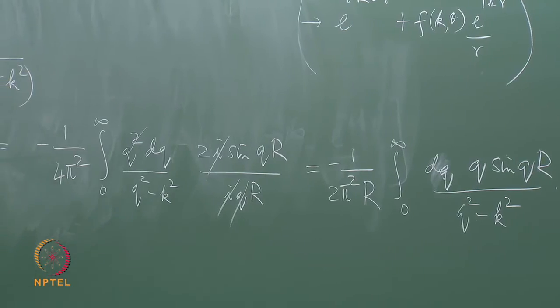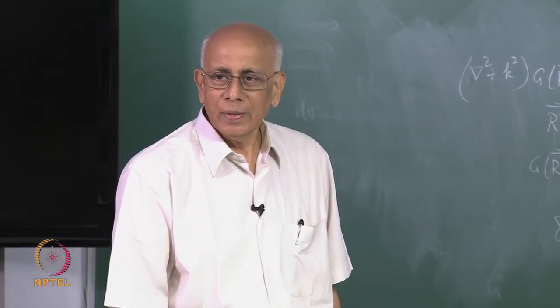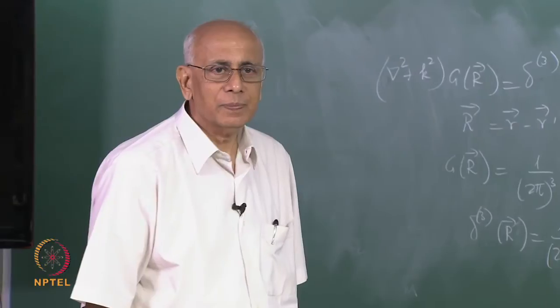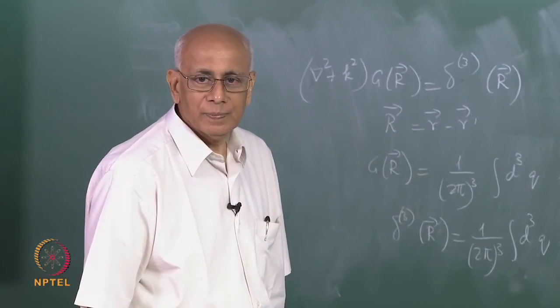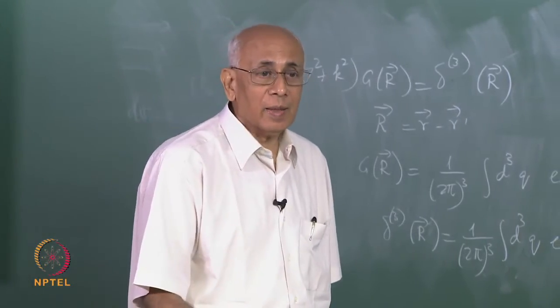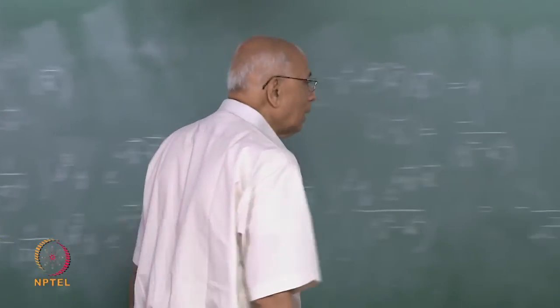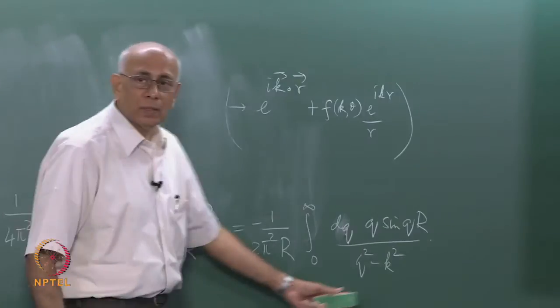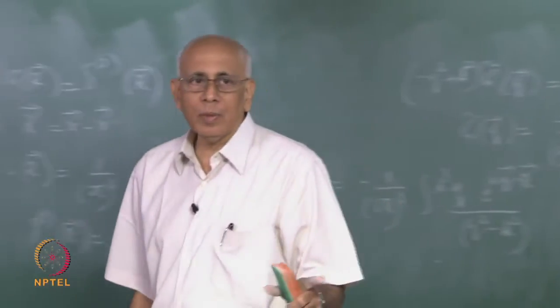But this is not very good news, because as it stands this integral does not exist. Why is that? Yeah, there are poles on the real axis, there are poles on the q axis at plus k and minus k, and you can't get away from that. So this is formally infinite, and we have the same sort of problem that we had in other problems earlier.